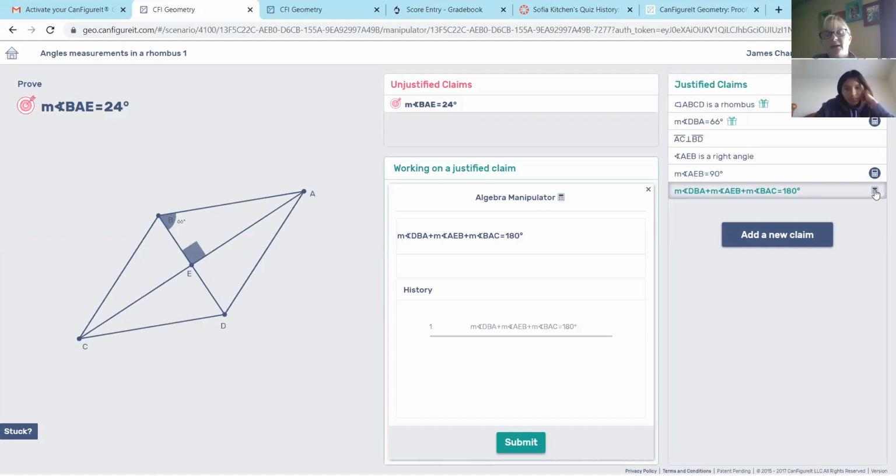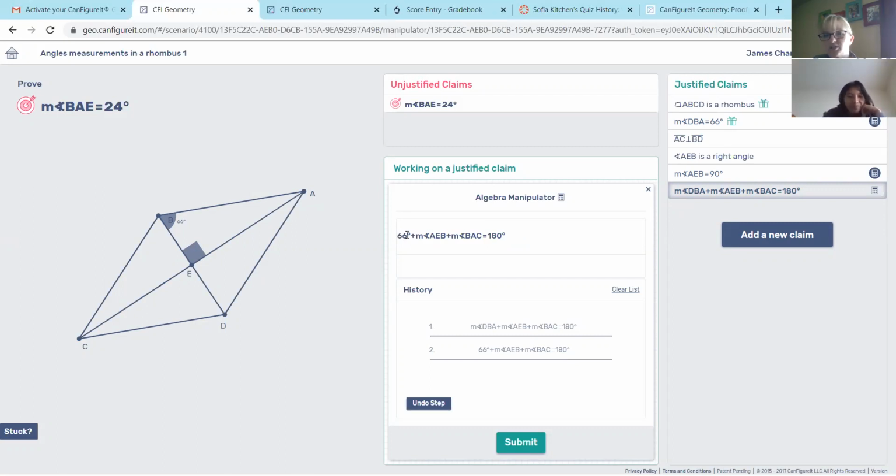Then I want to replace these with numbers. Do you see DBA is 66 up here? If I grab this, I can pull it on top of DBA, and when I let go, it'll replace DBA with 66.